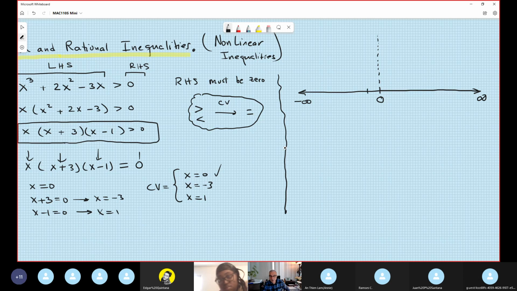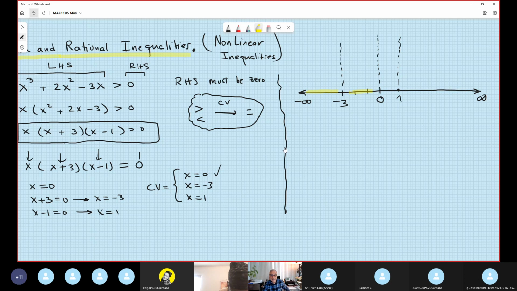And negative 3, another partition. And 1 here, another partition. The idea is that with the critical values, you made 3 partitions on the real number line. Actually, 3 partitions represent 4 intervals.